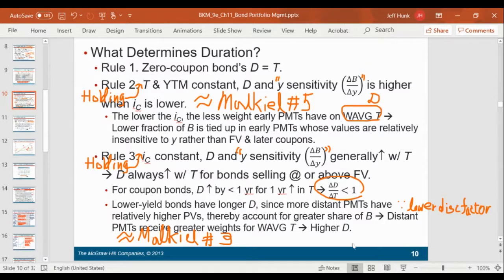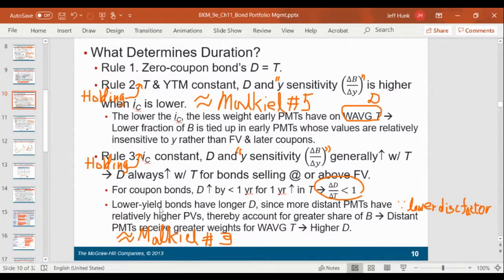In other words, that means the sensitivity of duration with respect to the maturity is less than 1. That's exactly what it says. Maturity goes up by 1 year, right? Duration doesn't go up by 1.